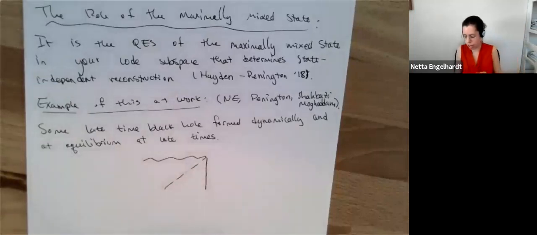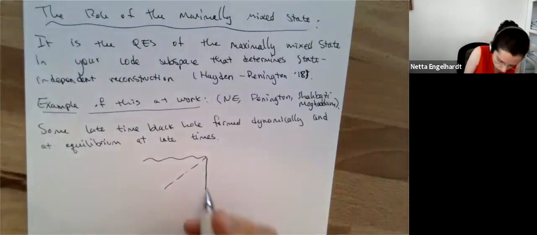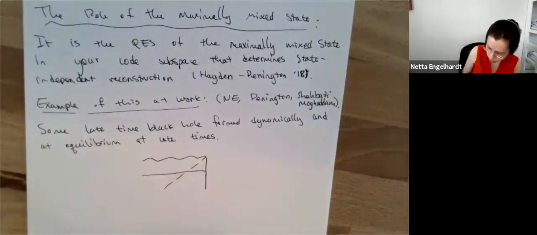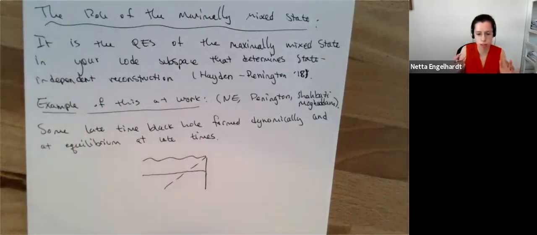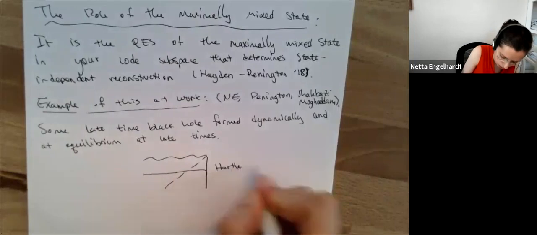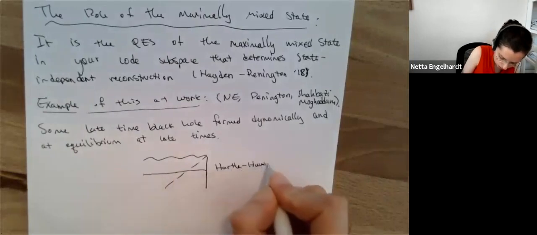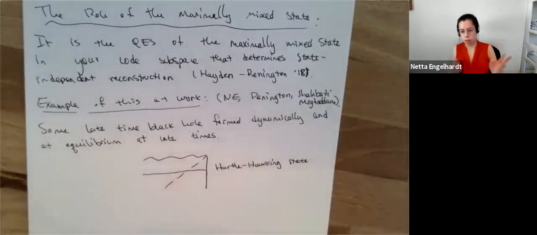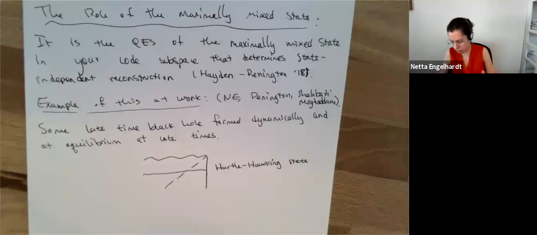We're going to be looking at some late time Cauchy slice, and this is approximately in equilibrium. So at late times, we're looking at the bulk fields being in the Hartle-Hawking state. Again, there may be some corrections to this, but that's fine. We're going to approximate them as in the Hartle-Hawking state.